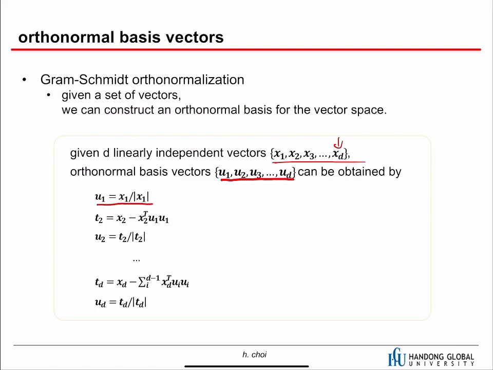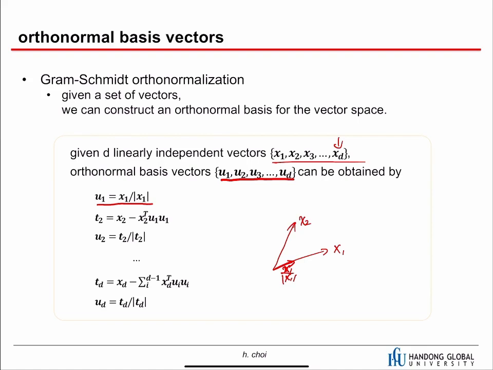So let's say we have x1, we have x2. So u1 can be obtained by this normalized vector. Okay, good. Then to get the second orthonormal basis vector, we have to subtract the x1 component from x2.